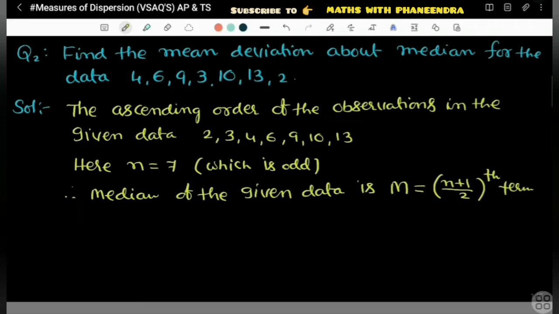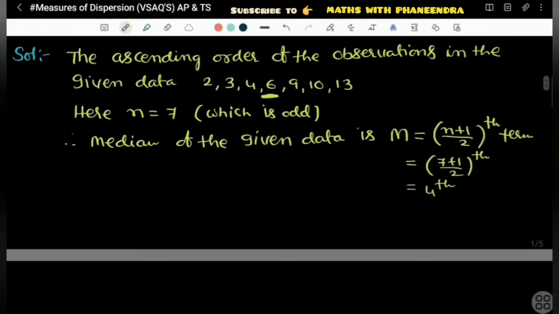What is n here? 7. So 7 plus 1 by 2, that means 8 by 2, which is the 4th term. From this data, what is the 4th term? Here this is the 4th one, so I am underlining it. The 4th one is 6.